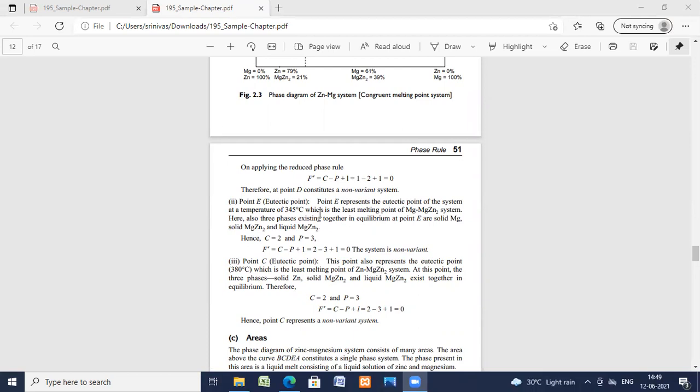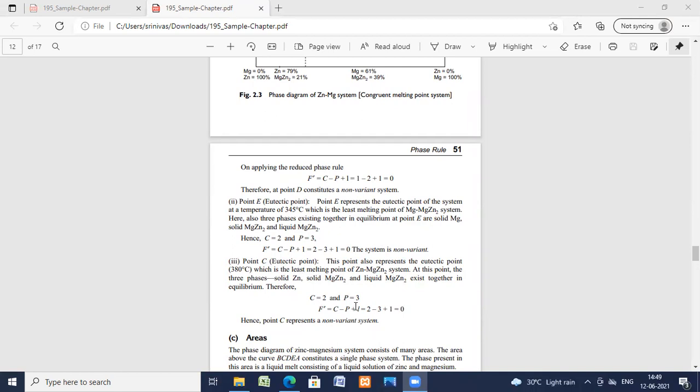E is the least melting point of Mg and MgZn2. Point C is the least melting point of the Zn and MgZn2 system. At this point, the three phases are solid Zn, solid MgZn2, and liquid MgZn2. All these exist together in equilibrium.